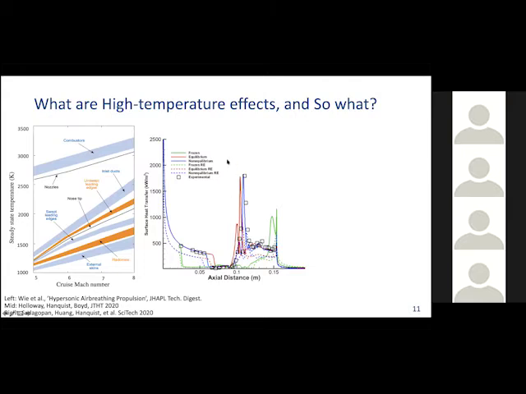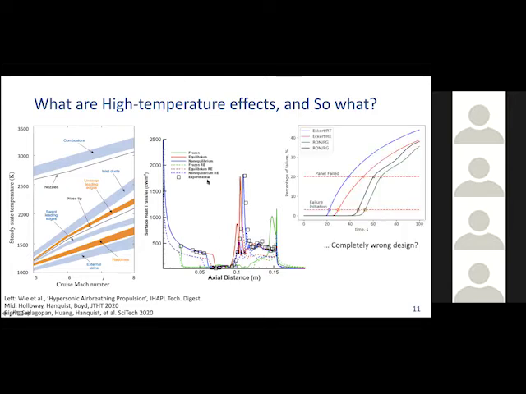It turns out they have to use the most complete set of physics, including the high temperature effects, to capture all these sudden drops and sudden peaks in the flow field. And the effect of high temperature can really lead to very erroneous aerothermoelastic analysis for the structure.